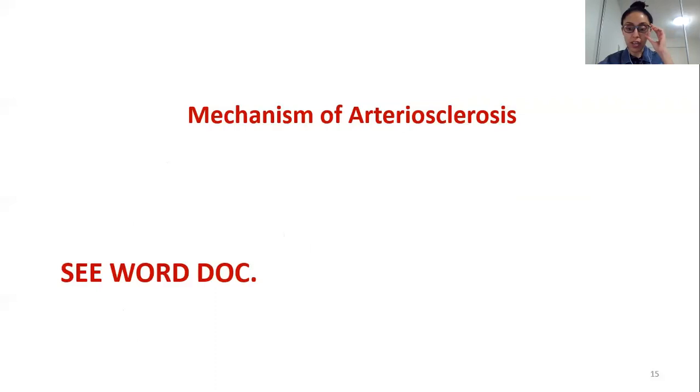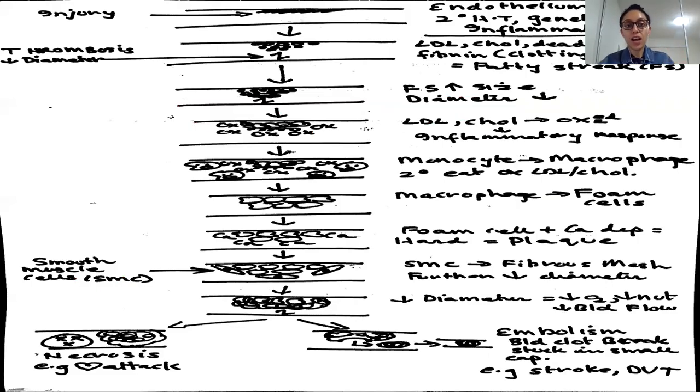Over here, I have explained the mechanism of arteriosclerosis in a diagrammatic format. If this is scaring you, don't worry. You have the entire content properly typed in a Word document, which will be available to you on Canvas.